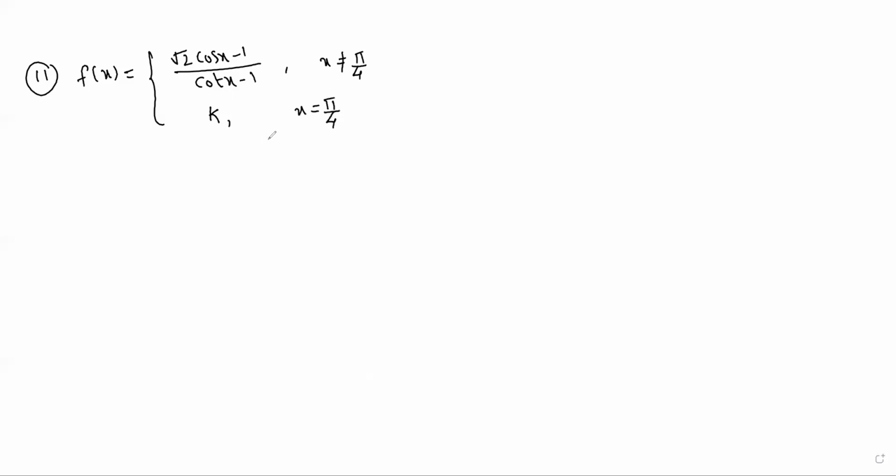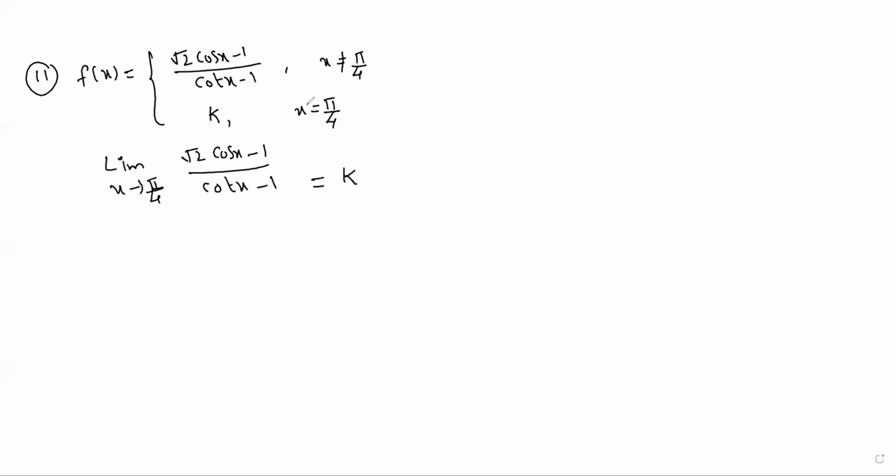It is continuous, clearly a continuous function is given. So same here, LHL, RHL is not given, less than, greater than, not there. That's why when f is continuous, we'll take the basic definition. Limit x tends to pi by 4 f of x, what is f of x? Root 2 cos x minus 1 by cot x minus 1 is equal to f of pi by 4.